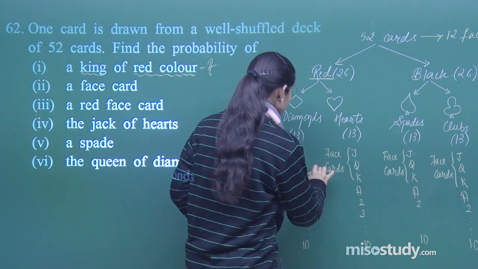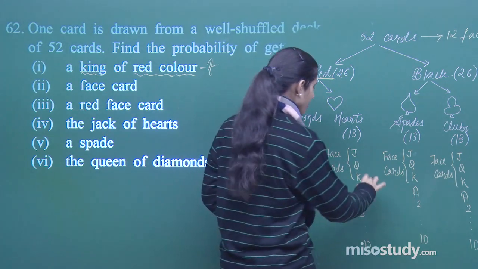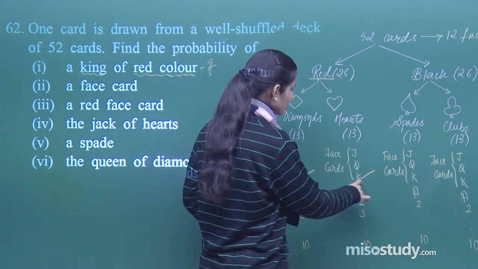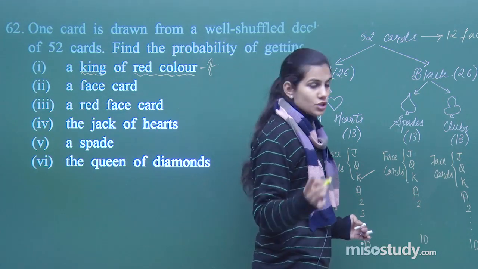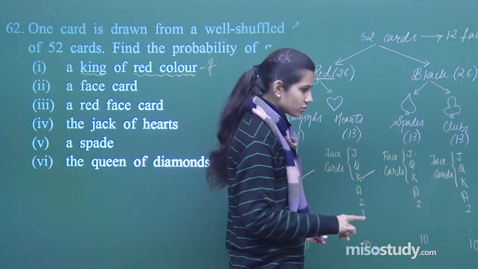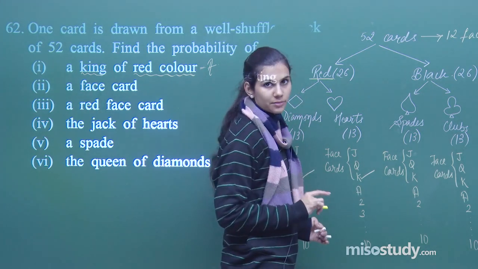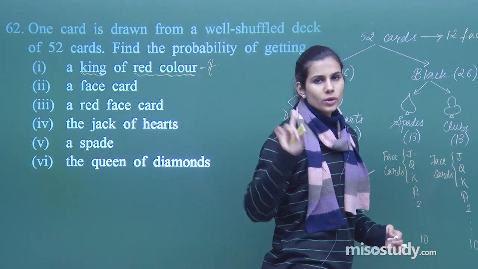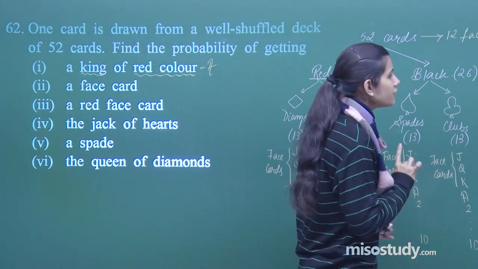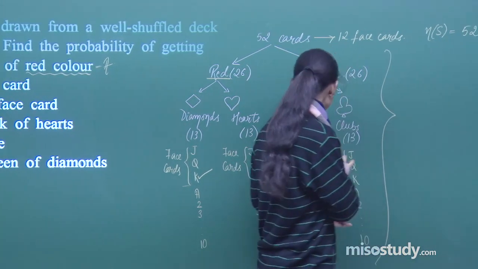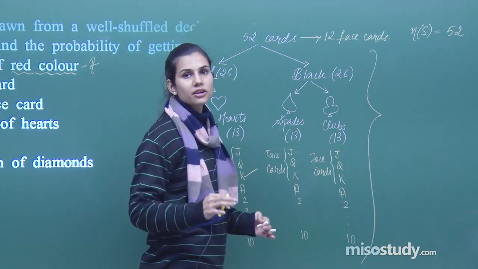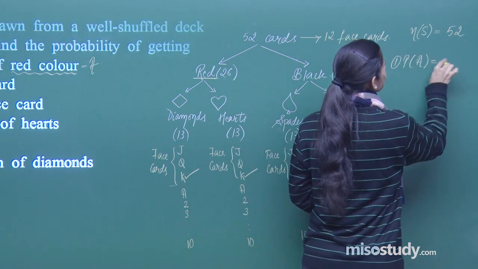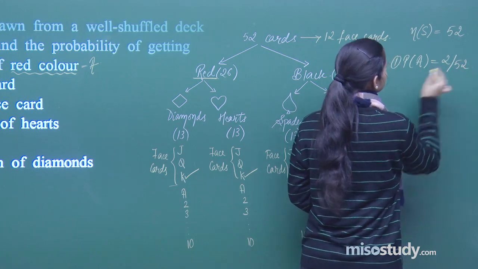You can see there is a king of diamonds and there is a king of hearts. Out of the 52 cards, only these two cards are king of red color. So out of all the 52 possible outcomes, if these two outcomes pop up, then and only then will this event A occur. So out of 52 possible outcomes, only 2 are favoring the occurrence of event A, and therefore the probability of occurrence of event A is 2 by 52.